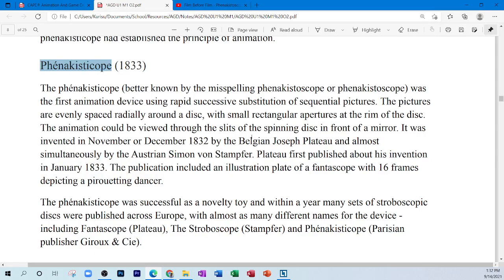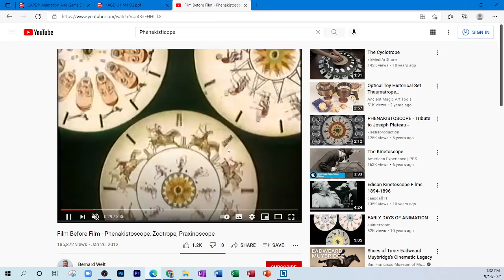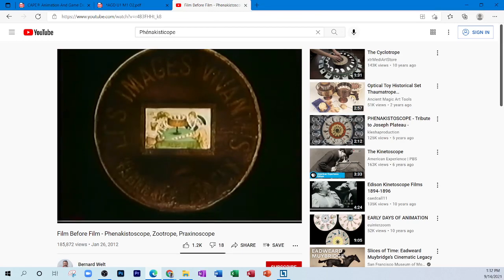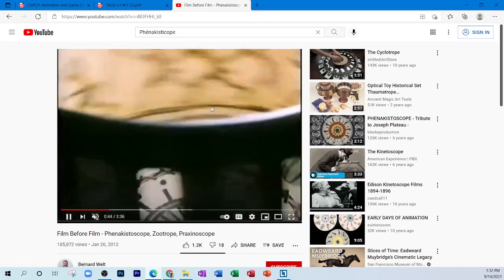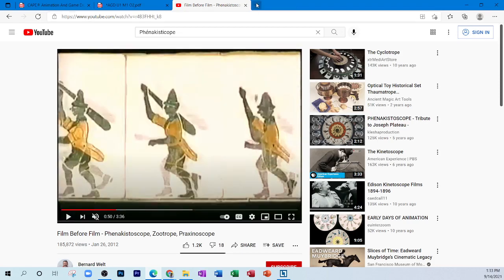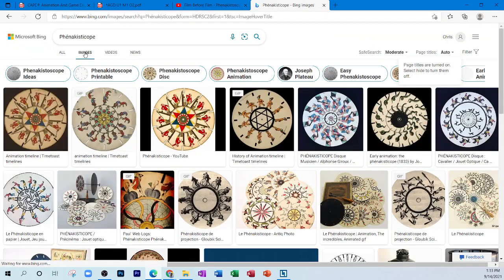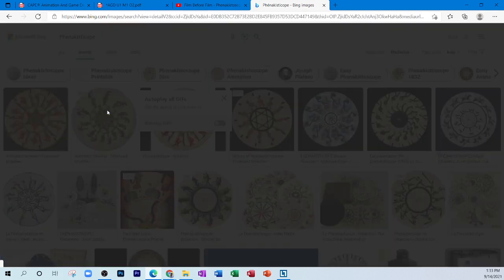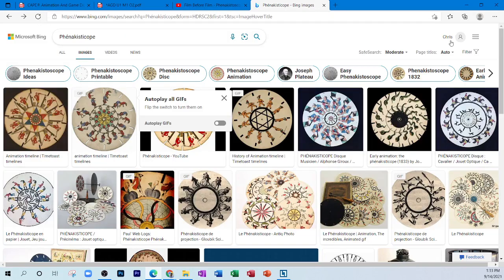The animation could be viewed through the slits of the spinning disc in front of a mirror. I wanted to see it not moving.